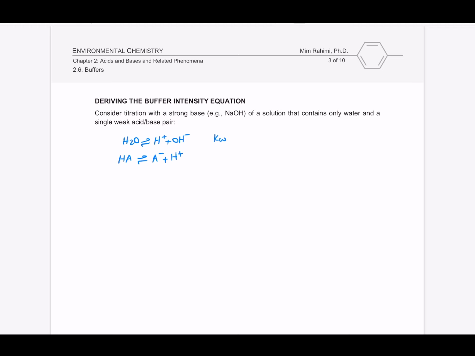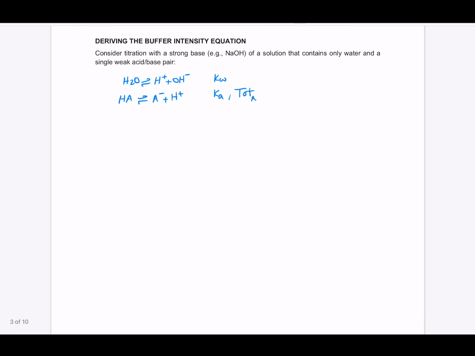This is described by KW, this is KA, and also we're dealing with the total A. So now we're looking for a relationship that describes buffer intensity, that beta value, in terms of all the factors that we know about the system. So we can approach this as sort of a speciation problem. So the species we have, as always, H plus, OH minus, A minus, HA.